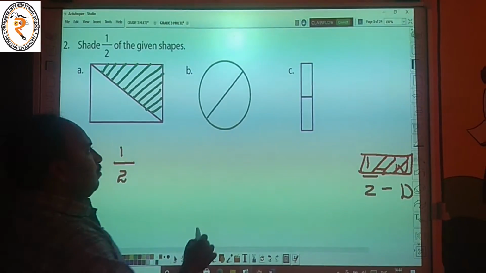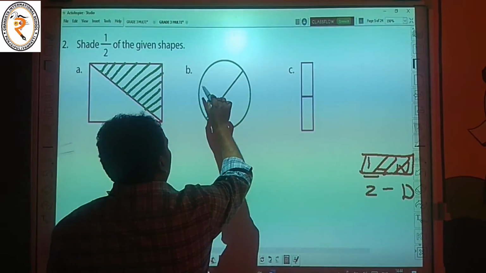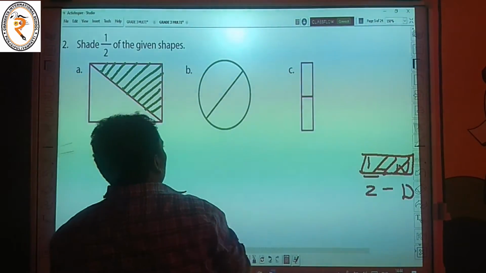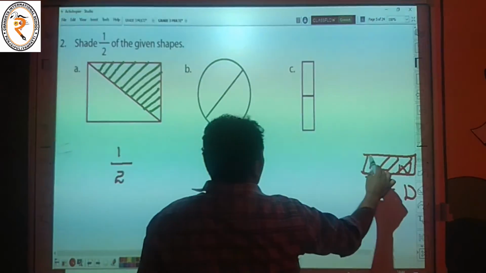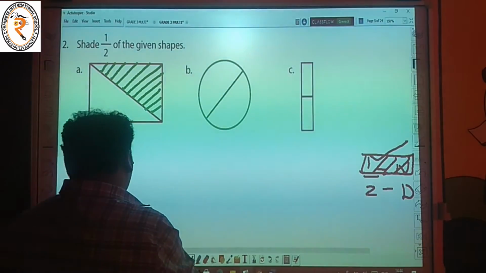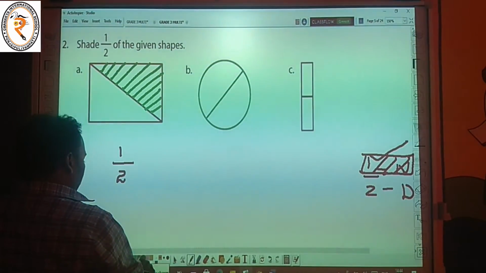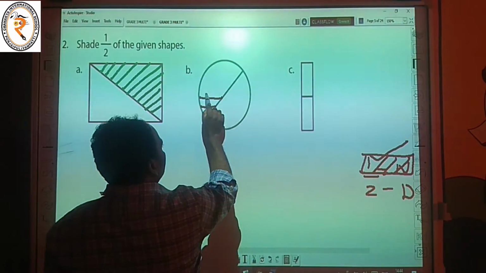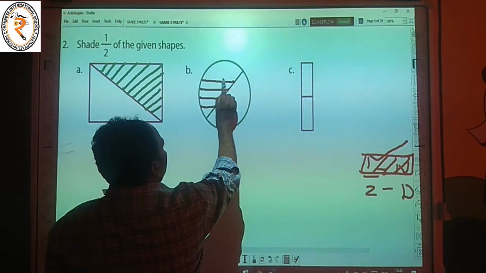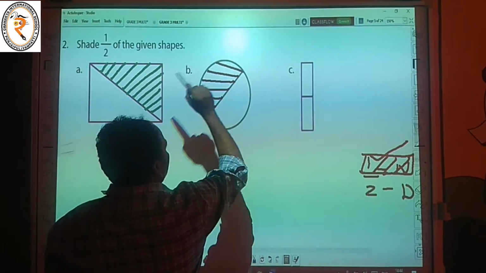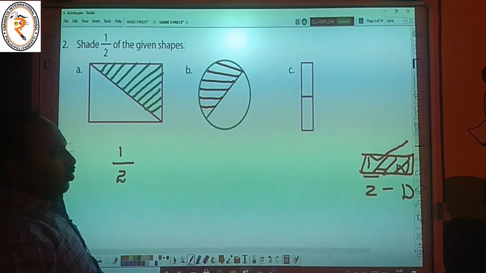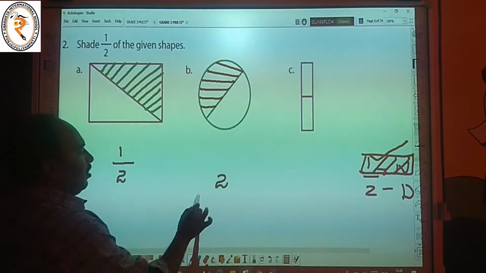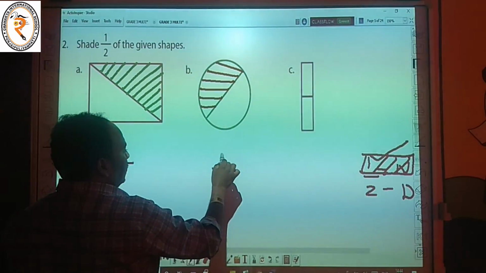The next, D part, is simplifying. Here also there are 2 parts, 1 and 2. We want to shade 1 by 2, so the shaded numerator is 1. The 2 is called the denominator and the shaded portion will be 1.